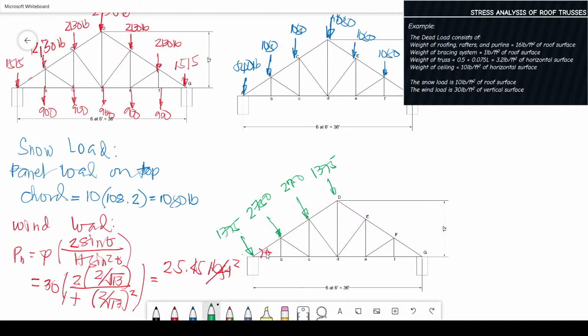So you can proceed with the analysis of the trusses.